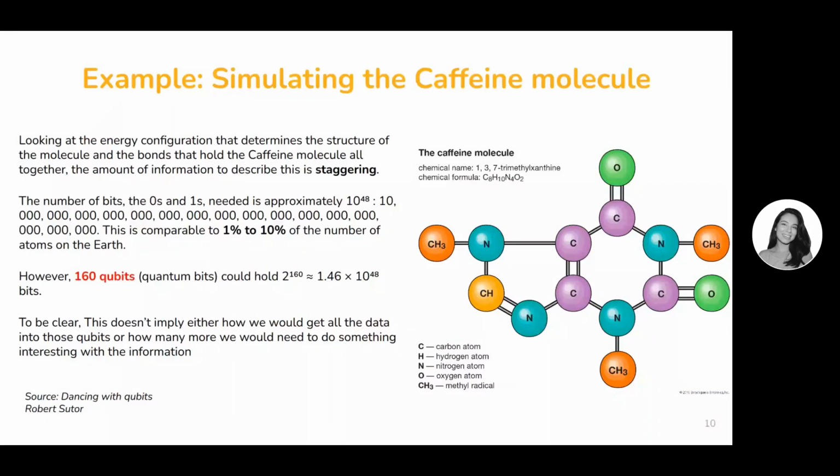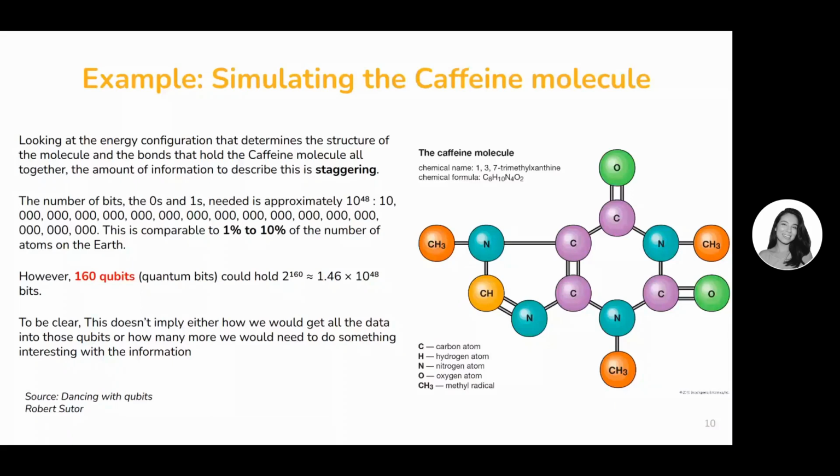However, if we look at using quantum computers to simulate such a system, we would only need 160 qubits, or quantum bits, that would hold the same amount of information. So the equivalent of 10 to the 48 bits is just 160 qubits. And this is, I would say, a reasonable task.